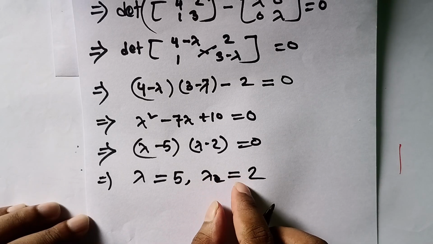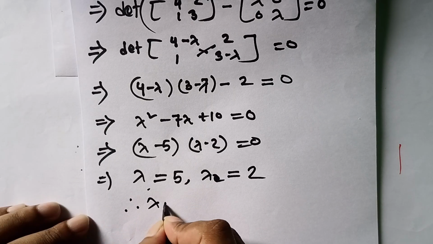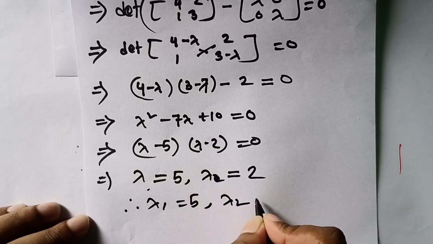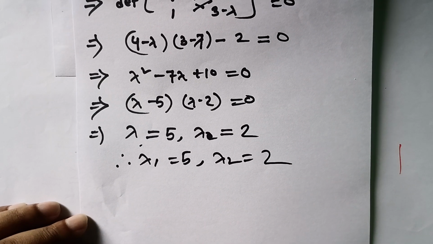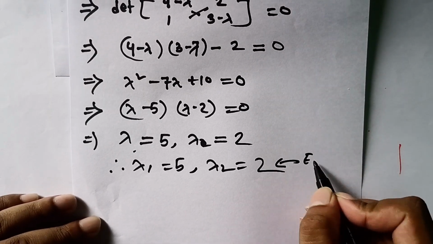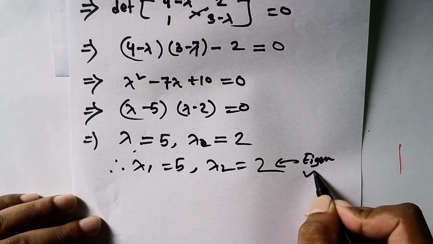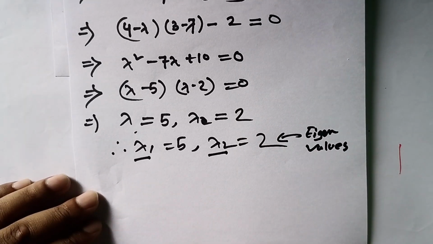So we found two lambda values: lambda 1 is equal to 5 and lambda 2 is equal to 2. We have already found our eigenvalues. This is our first one, this is our second one.